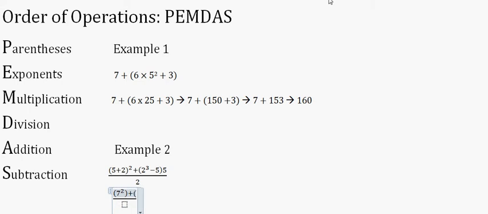So again, we still have to stick with the same order even inside. We have an exponent, the 2 cubed, and the subtraction. And we would do our exponent before subtraction. So 2 cubed is 8. Bring down our 5. And then multiplied by 5. And the whole thing divided by 2. So that was the first step, dealing with our parentheses.